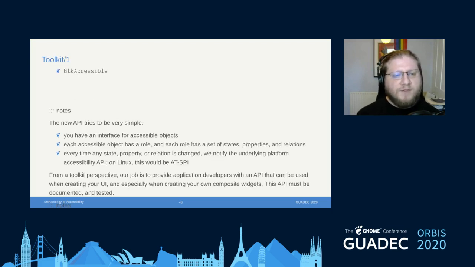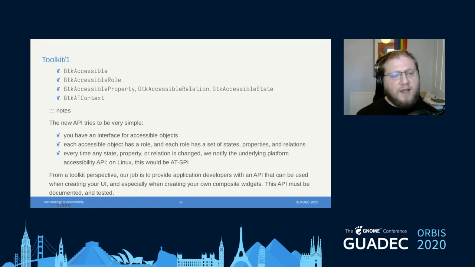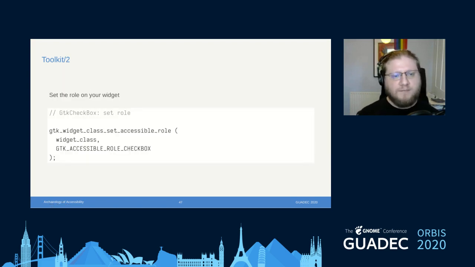So we have in the toolkit the accessible API, which is an interface for widgets, the accessible role, the accessible property, relation, and state. Those map to the ARIA concept. And then we have the AT context, which is the implementation object underneath it. And it's completely opaque, and you don't have to actually see it.